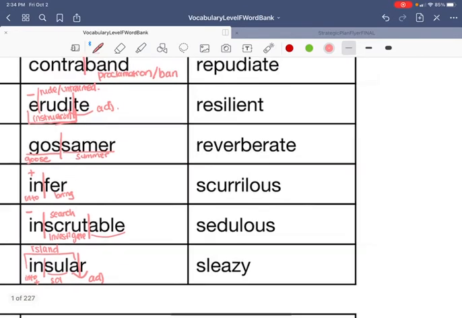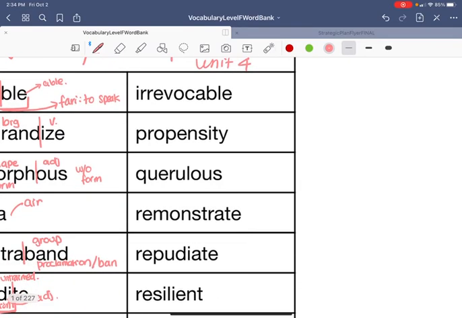Okay, we're going to move on to our next word. Sometimes I say irrevocable. Ir means negative. And then revoke, we've heard of this word, right? So ir, not. And revoke means to cancel.